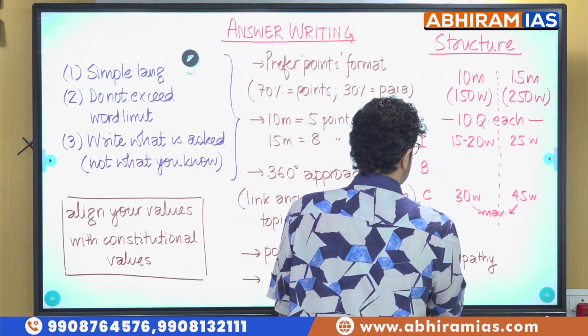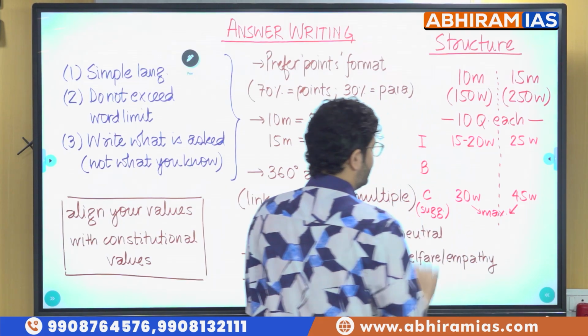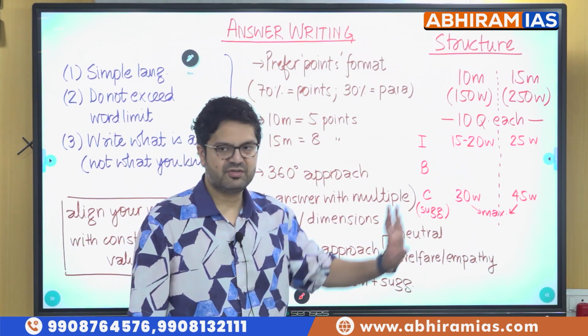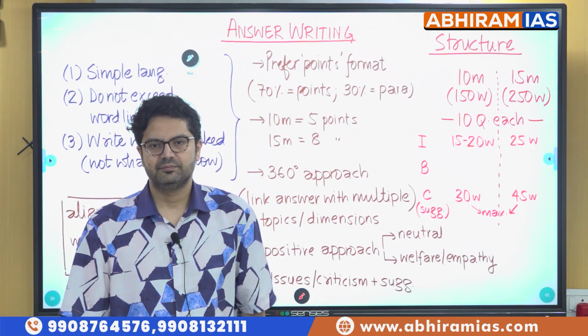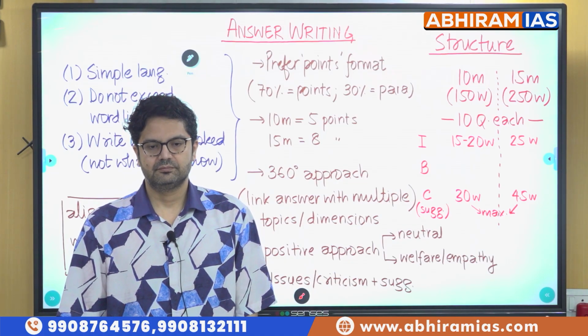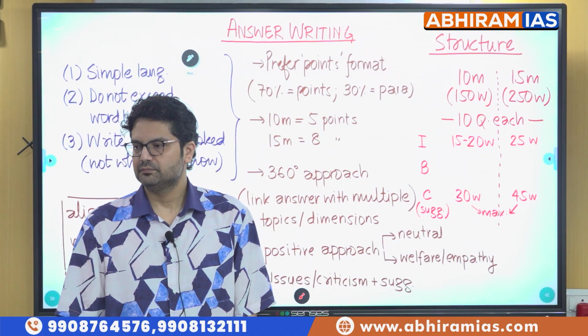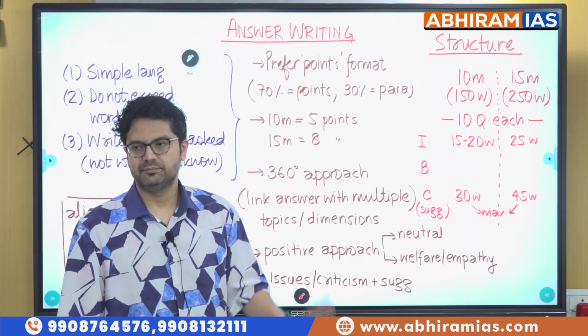And the conclusion should be, you are writing what? Suggestions. Then this much. If you are not writing any suggestion, don't cross 15-20 words. Is the point clear? Okay. Rest of the words for body.